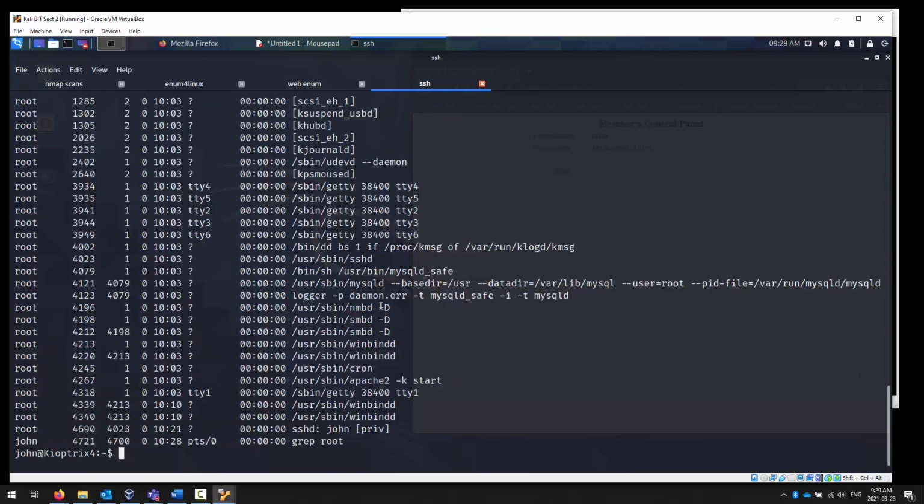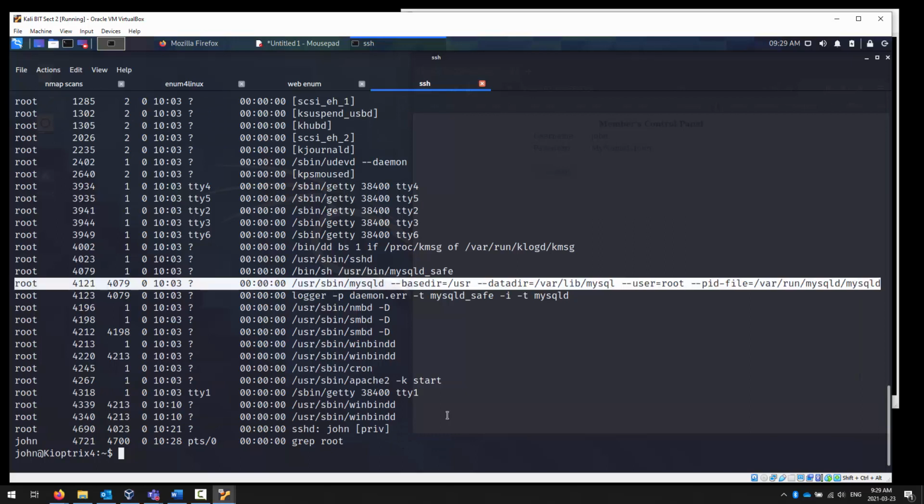That's handy, especially when you realize that one of those processes is the MySQL database server software, which is, of course, frightening. This is a process that's kind of world-facing, and it's a little worrisome that it's running as root.